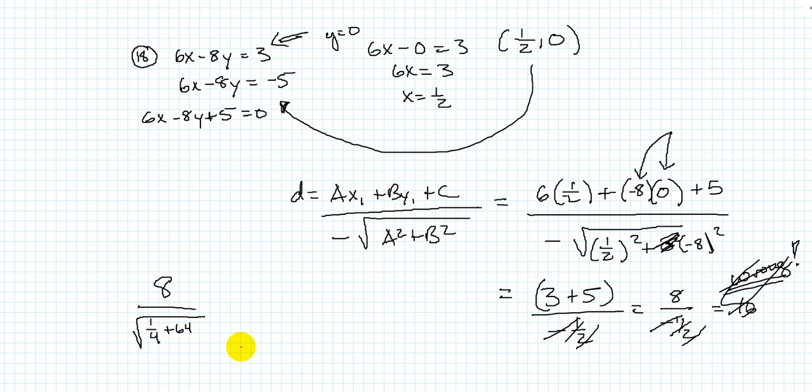I have a common denominator of 4, so multiply top and bottom by 4. That equals 8 over the square root of 1 plus, 64 doubled is 128, and doubled again is 256, so 256 all over 4. Take a square root of that.